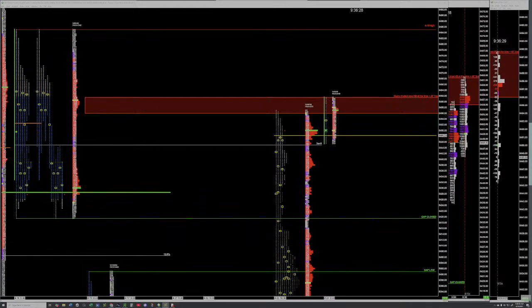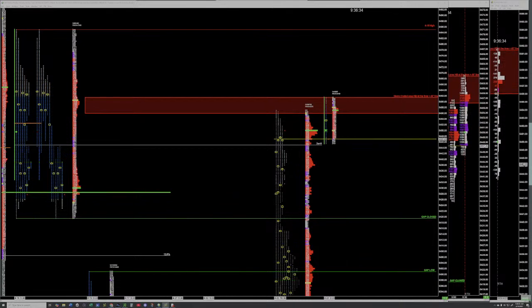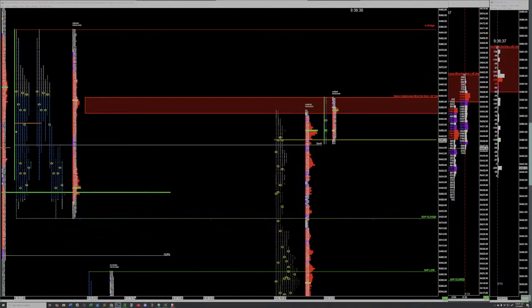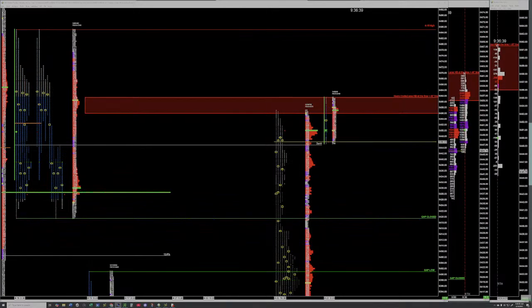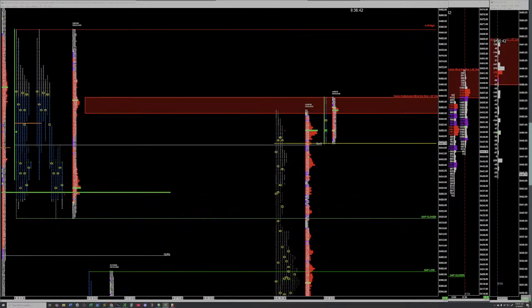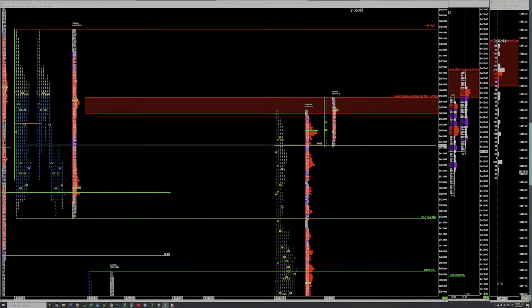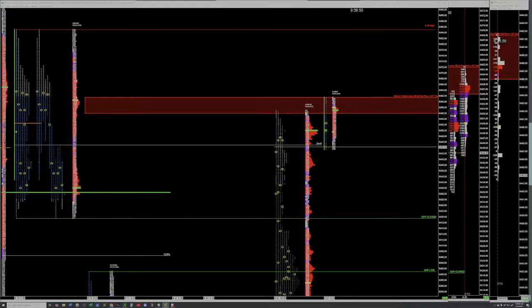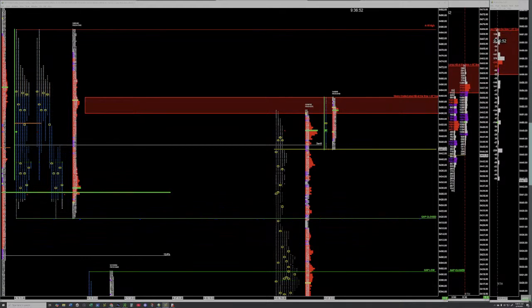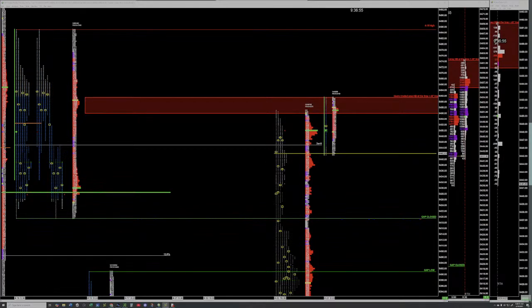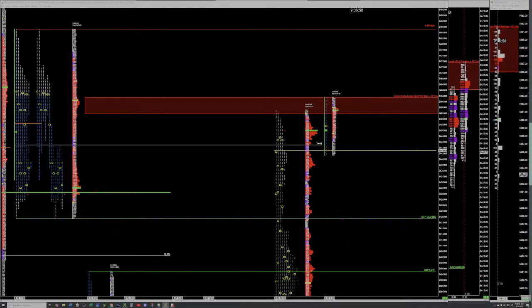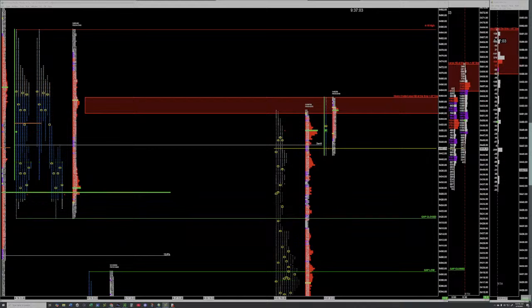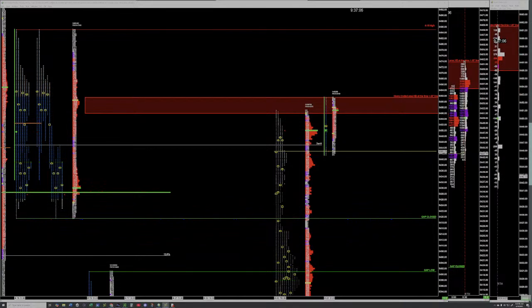Let's see if we have some downside extension here. Okay. I got something here actually. I have something to the downside. Base it on the tremendous amount of, let's see if there's some.